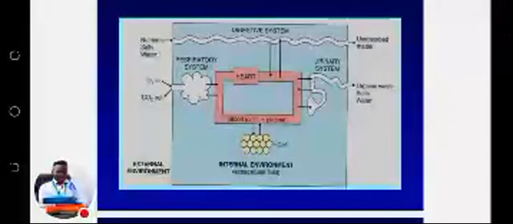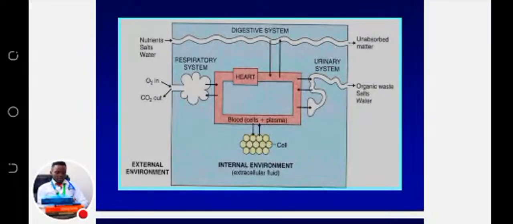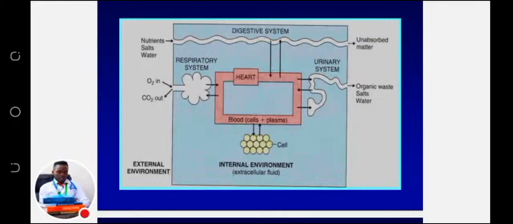Now, if we look at the diagram that we have here, we have the digestive system, where nutrients as well as salt and water come in, and the respiratory system, the internal environment and the external environment. From the external environment we're getting oxygen in and giving out carbon dioxide through the respiratory system. Then the heart pumps blood, which has the blood cells plus the plasma.